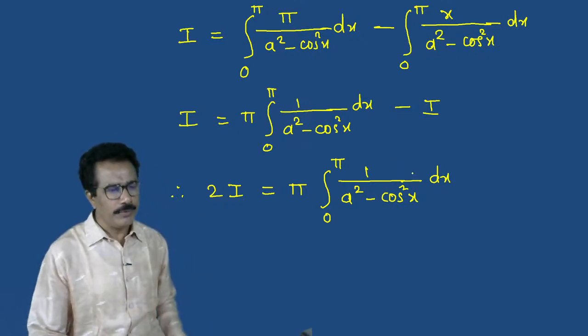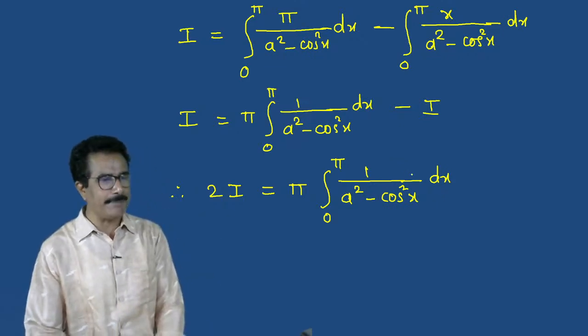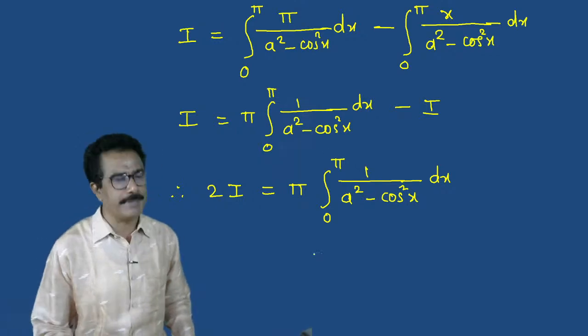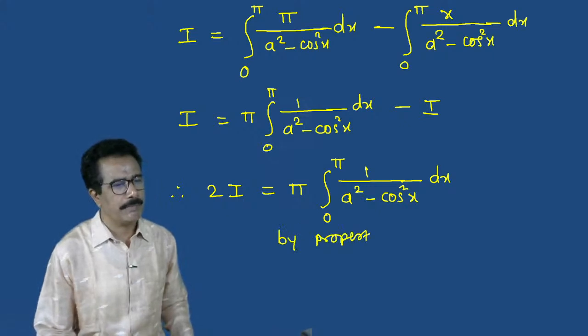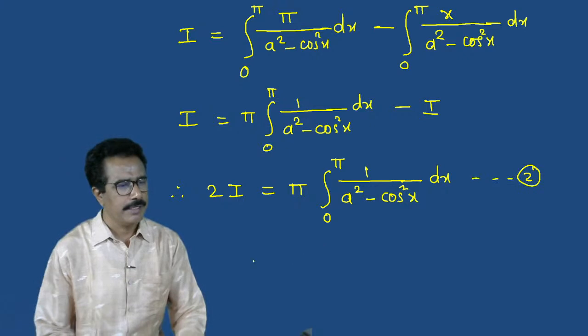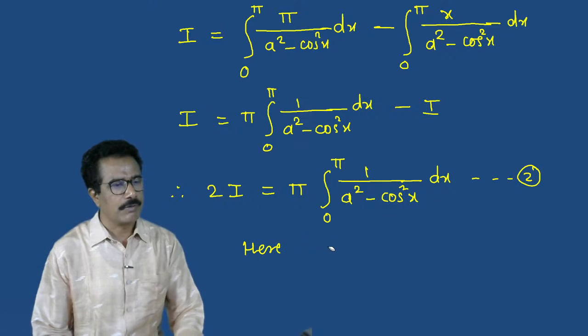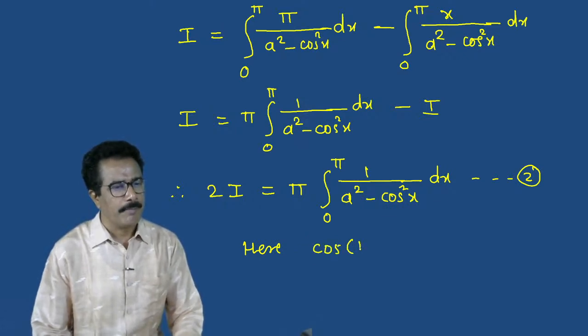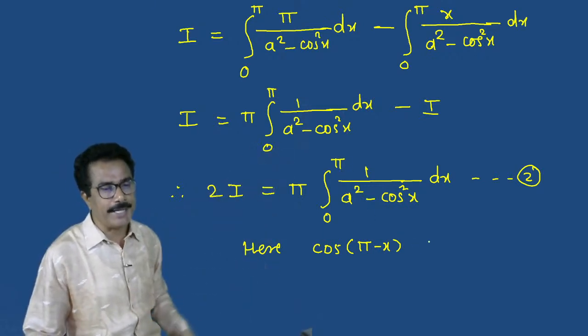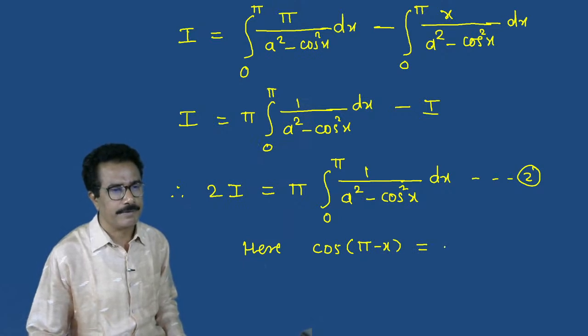Now we can substitute by the property number 6 here. Now let us use property number 6. Now look here, suppose cos of pi minus x, with 2a as pi, is equal to minus cos x.